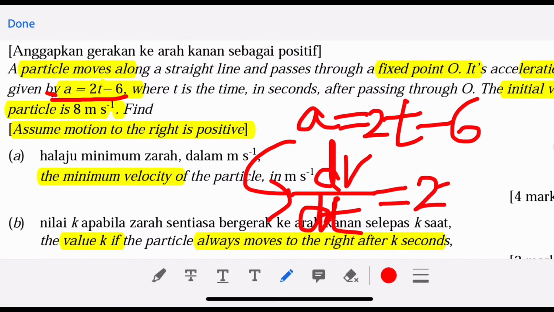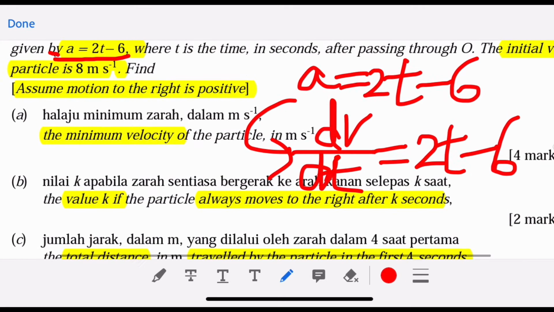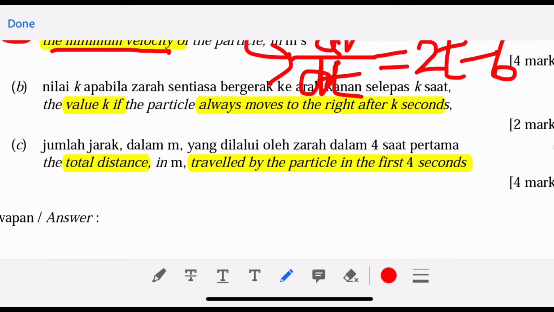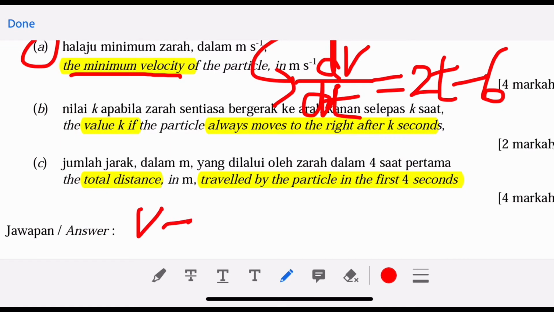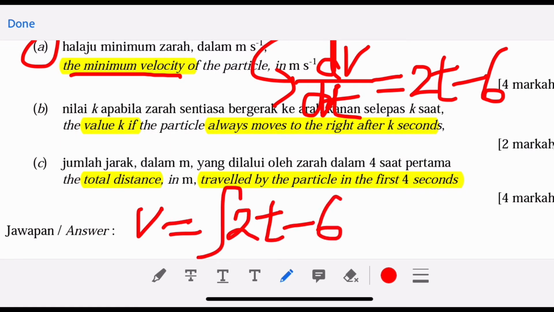We interpret acceleration as the change of velocity with respect to time, so dv/dt. So we are going to find the velocity. From here, we need to integrate 2t minus 6 dt, don't forget, with respect to t.